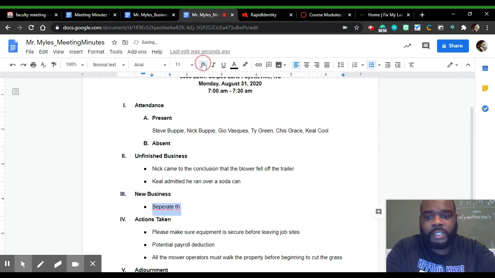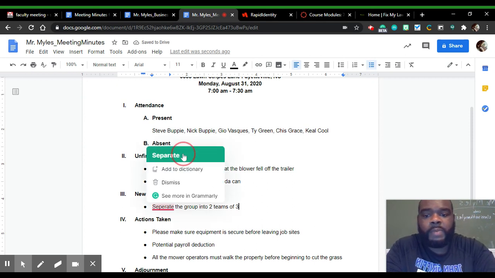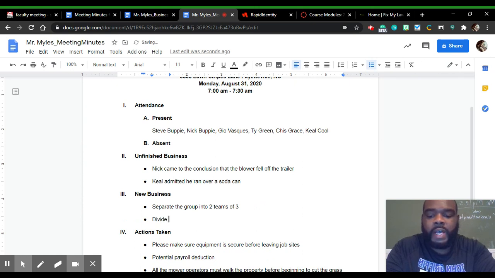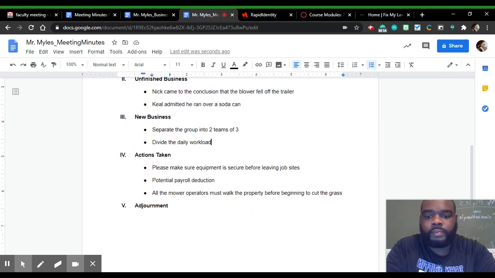I do not want that text to be bold. Okay. And so, with the teams being separated, they'll be able to divide the daily workload. All right, and that's how they plan to increase efficiency.